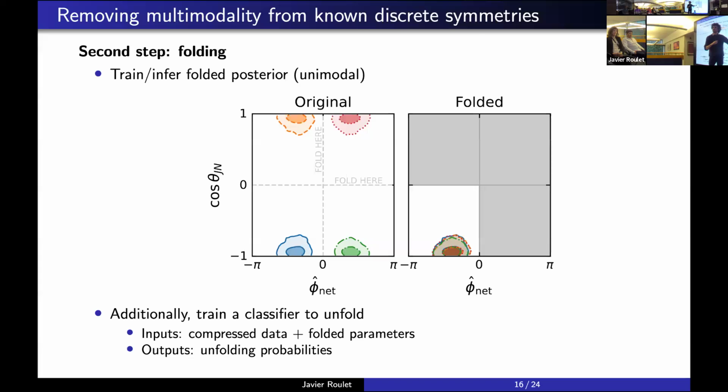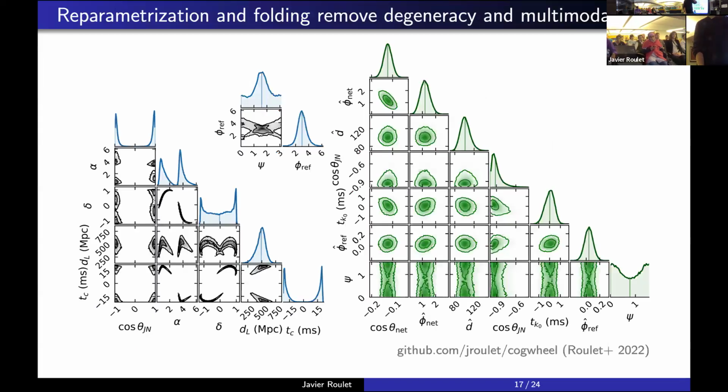Once you have this space, you can still do transformations such as sending the boundaries to infinity, and then this will become more like a Gaussian rather than a truncated thing. But we first do this folding in these specific coordinates that we chose, so that reflections just send the modes on top of each other, and after that, this folded posterior, you can still rescale it. It will come up in a few slides.